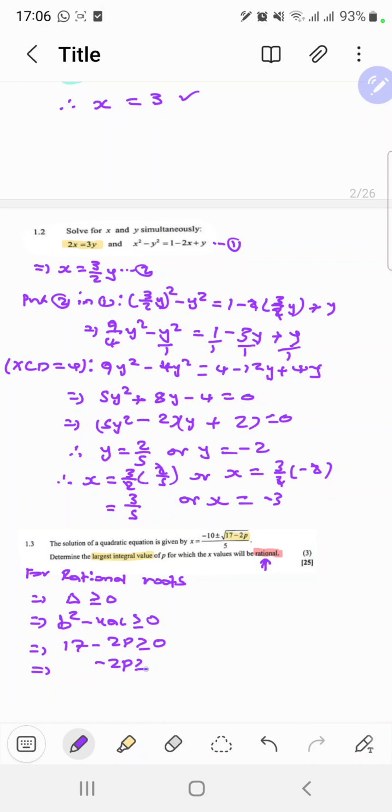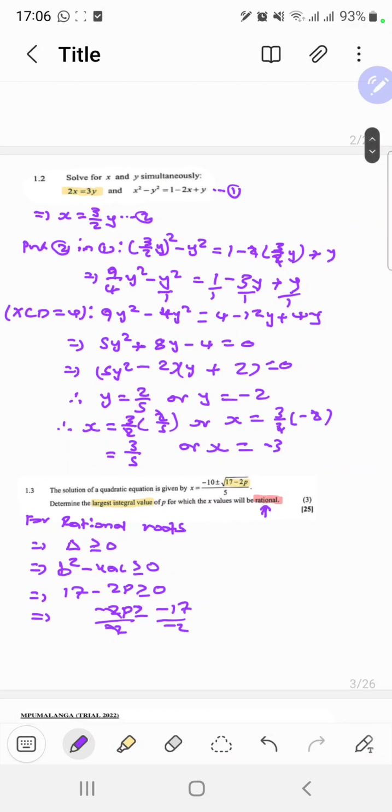Honestly, 2p is greater than or equal to minus 17, and then we divide by minus 2. That one cancels. So what do we end up with? We get p. Remember, when you divide or multiply by a negative, it affects the inequality sign. So it becomes 17 over 2.